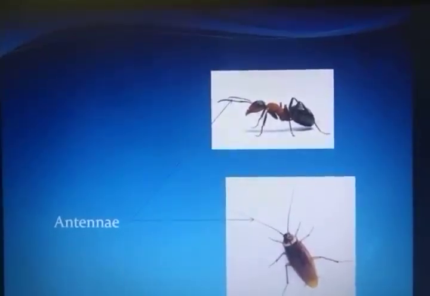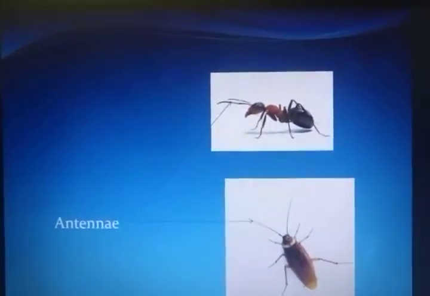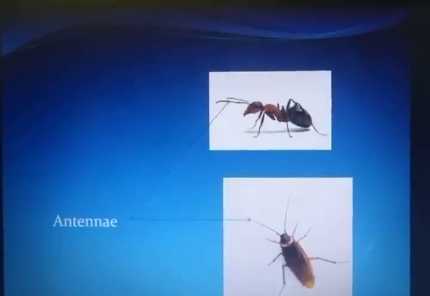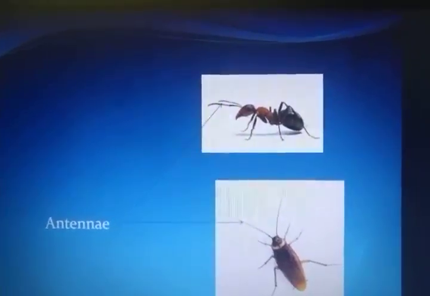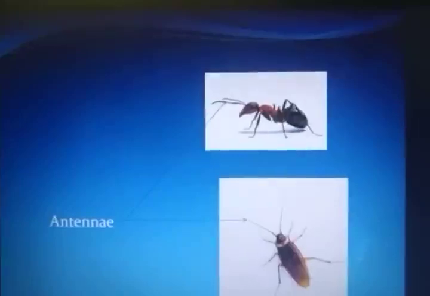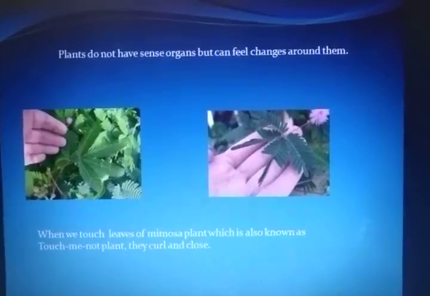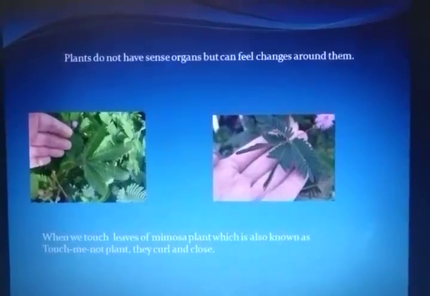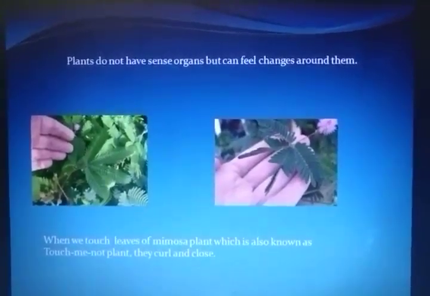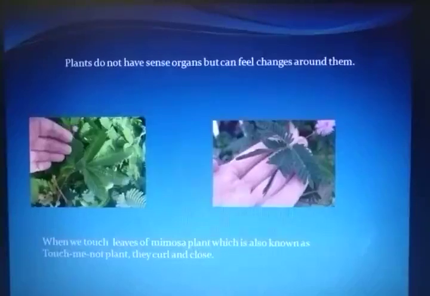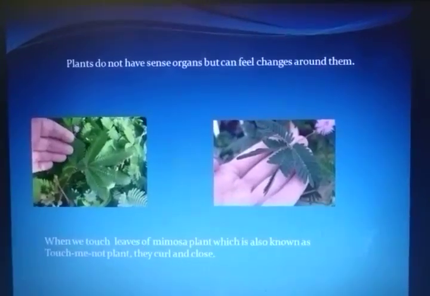Animals like insects have a pair of antennae on their head to feel and respond. We have also seen that plants do not have sense organs but can feel changes around them.